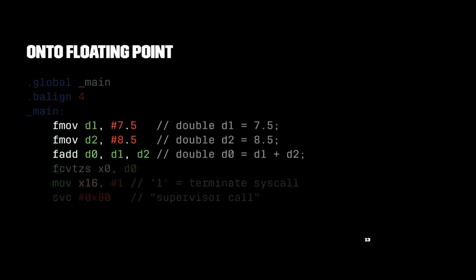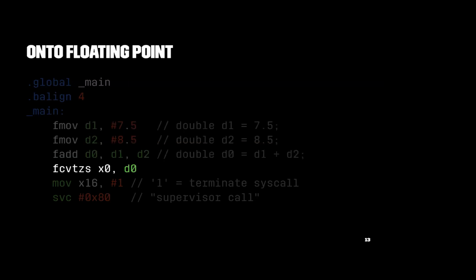Okay? And then floating point is also pretty easy. You just prepend all the instructions that are floating point with f. So fmov into D1, 7.5. fmov into D2, 8.5, and then fadd gets you there. And then here we have another instruction, which actually shows up on perf traces all the time.